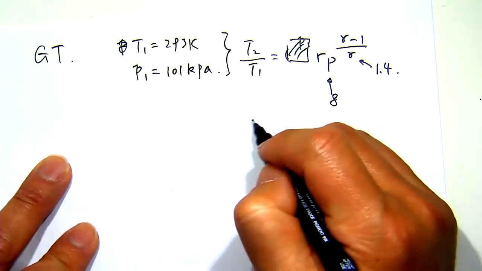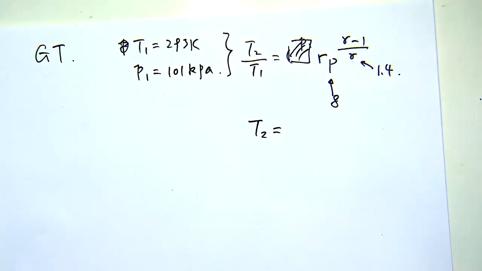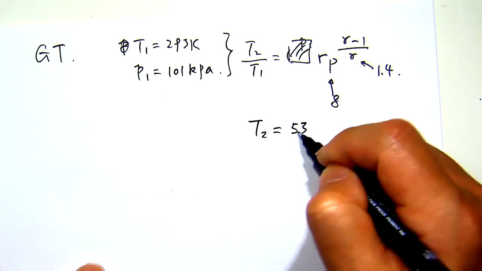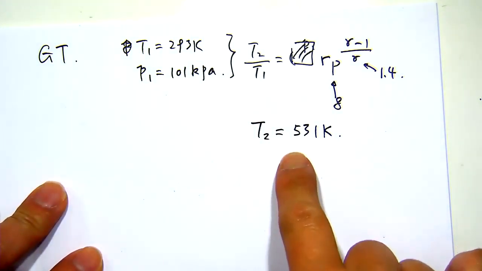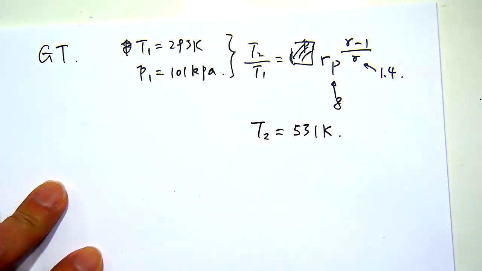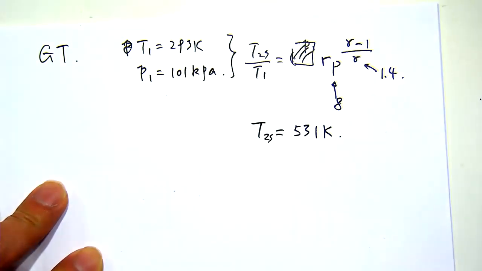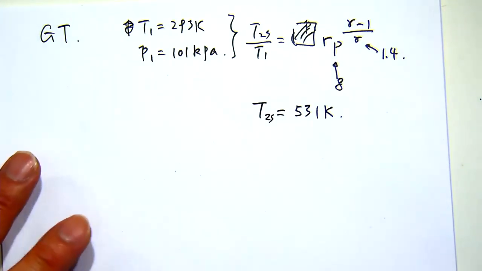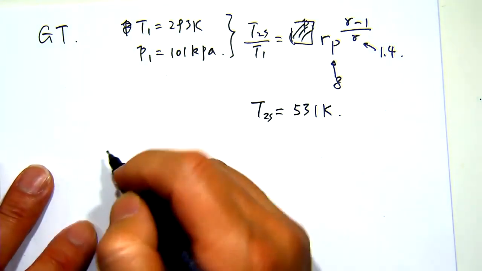By doing that, I can calculate T2, which is 531 Kelvin. This is the isentropic process, and the compressor is not 100% efficient isentropically, so this is T2s, and we need to figure out T2a, the actual state going through the compressor.